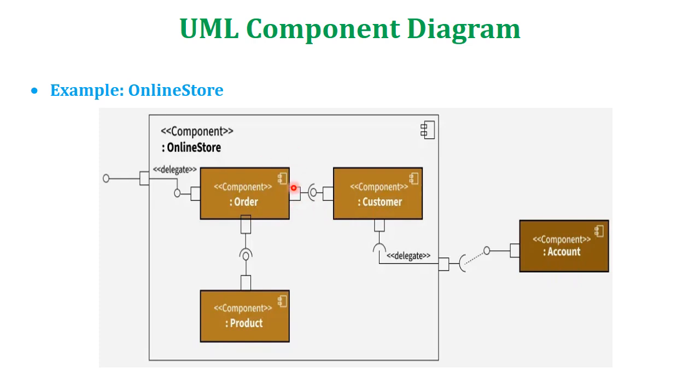Each component has a port, and with the help of the port only it communicates with another component. So the interface makes the relationship between the components. For example, the order component makes the relationship with the customer, which is related with the account. And the product component makes the relation between the product component and the order component.